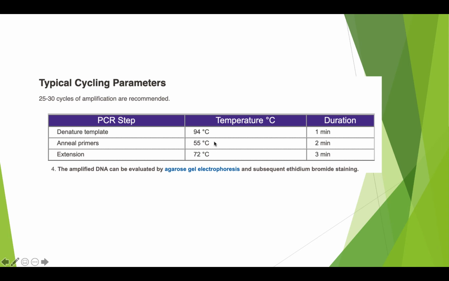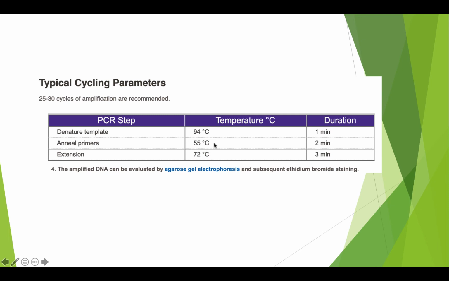Annealing temperature, we discussed it, depends on your primer. You give it some time, up to 30 seconds. It will work. 30 seconds will be fine, but the more you give it, the more annealing you have.